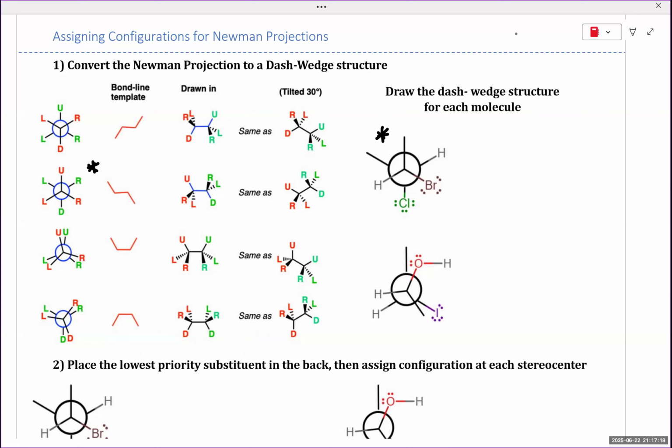Yeah, that's the closest match. So we'll draw out our bond line depiction.